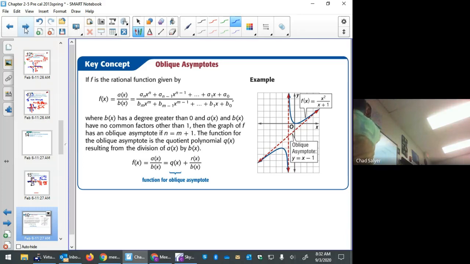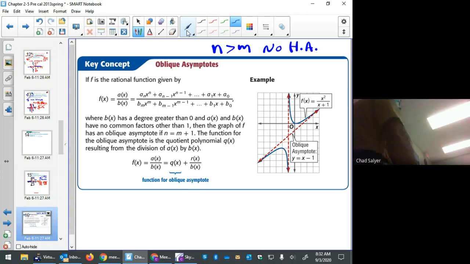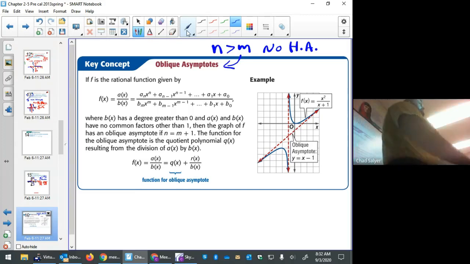You remember I told you when n was greater than m, there is no horizontal asymptote. You guys remember this? That's because instead you have an oblique asymptote that can only be found through polynomial division. Don't worry about the details here. I will, as usual, demonstrate this in an example.